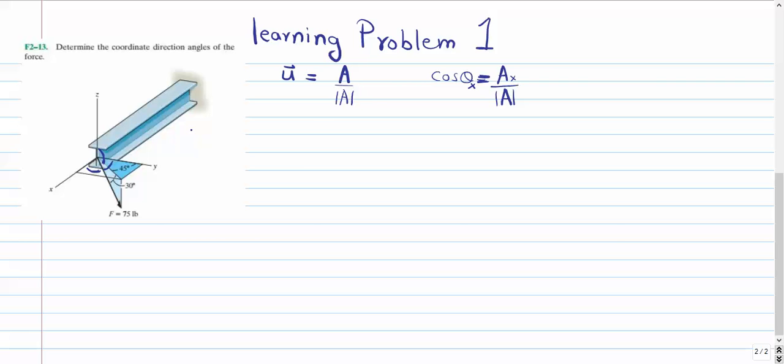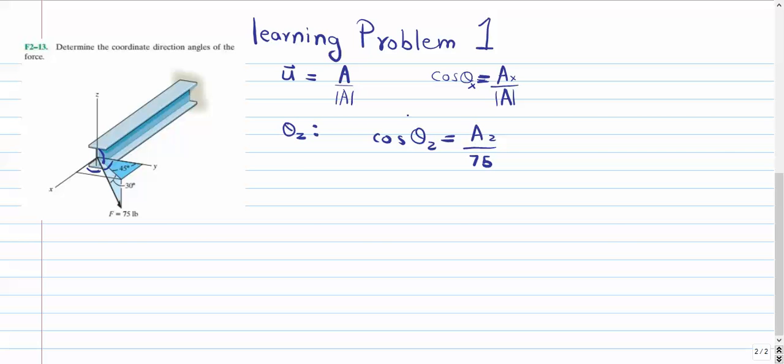So the first angle that I'm going to find is my angle for theta z, or the angle that the vector makes with the positive z-axis. Okay, so according to this formula, cos of theta z should be equal to the component of the 75-pound force along the z-axis divided by magnitude of the force, which is 75 pounds.